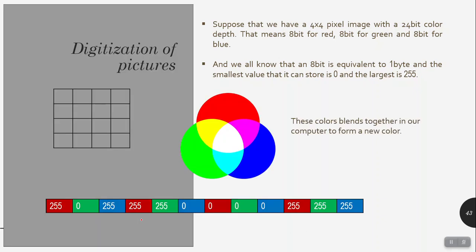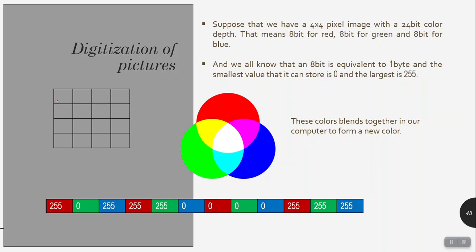Okay, so let's say we have this 4x4 pixel image, and these colors blend together in our computer to form a new color. So for example, we have the red, green, and blue. Once we mix them together, we'll be able to form new colors from these three primary colors. Let's say we have 8 bits for red, 8 bits for green, and 8 bits for blue.